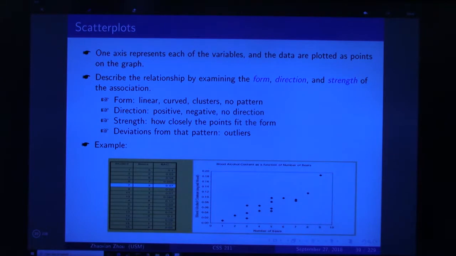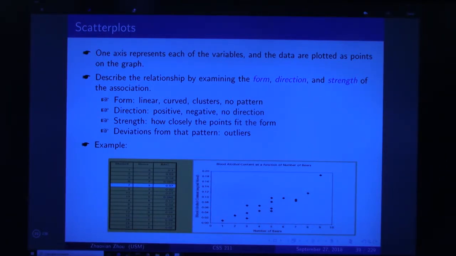Once we draw all this, we have the scatter plot. Once we get the scatter plot, we need to examine some questions. We look at the relationship by examining the form, the direction, and the strength of the association.